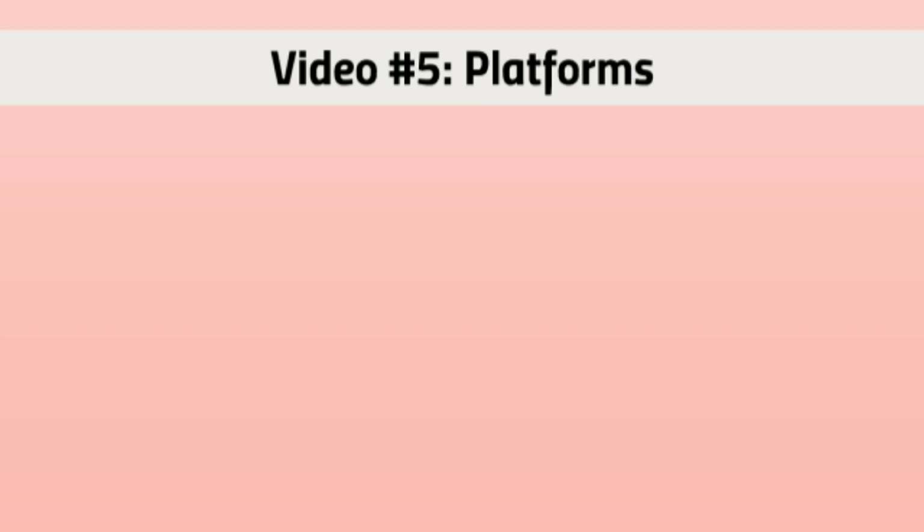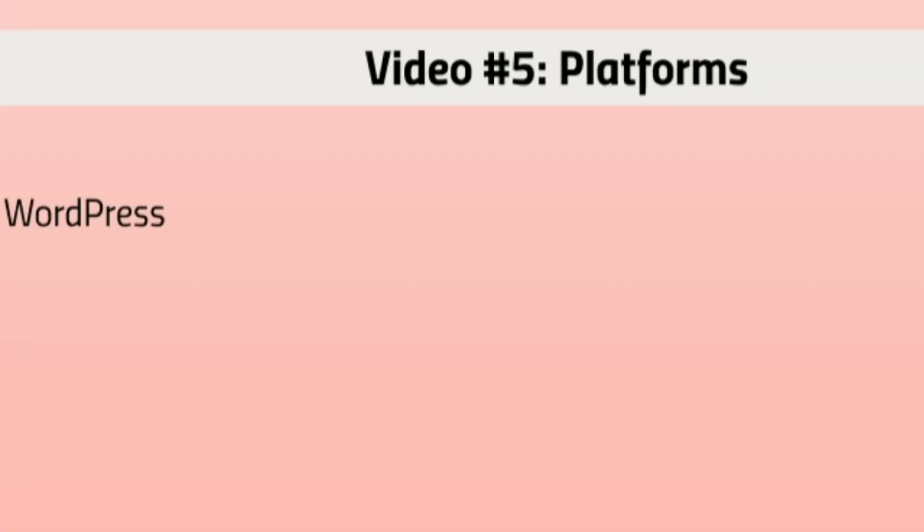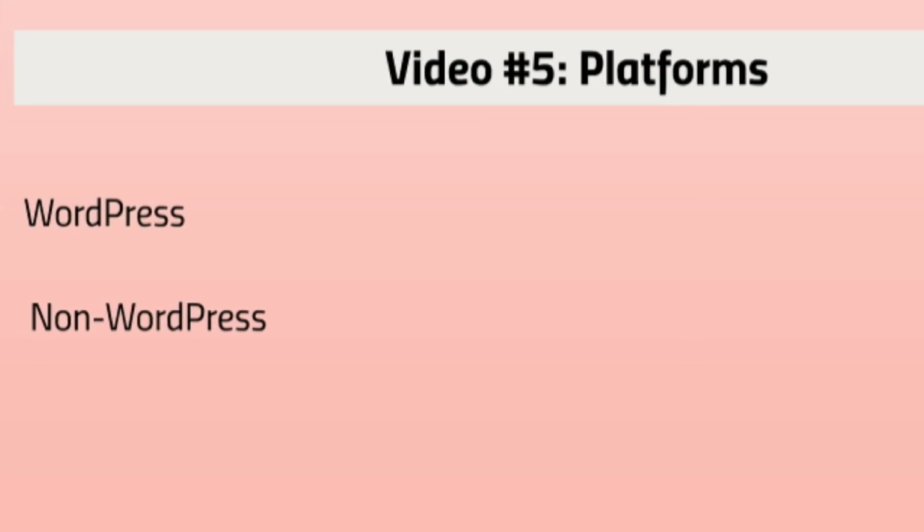If you think about a lot of the membership scripts nowadays, they actually have WordPress plugins or even non-WordPress plugins. So you really have to think about what your main site is going to be using. So I would say probably the majority of you are going to stick with WordPress just because the majority of themes out there are made for WordPress.